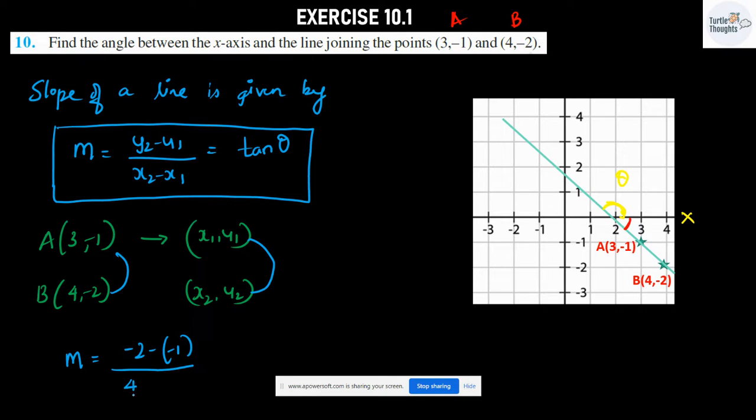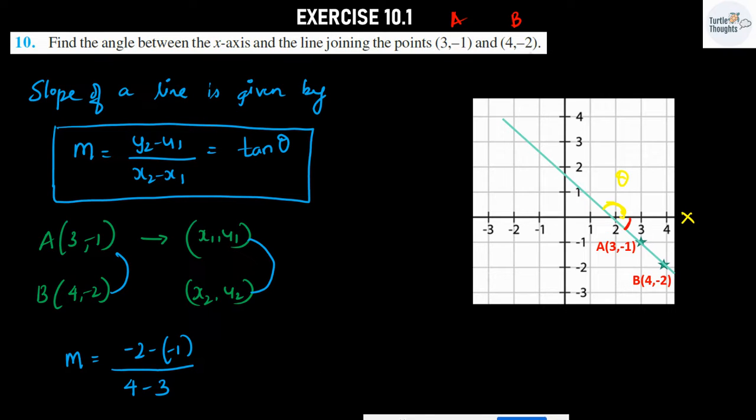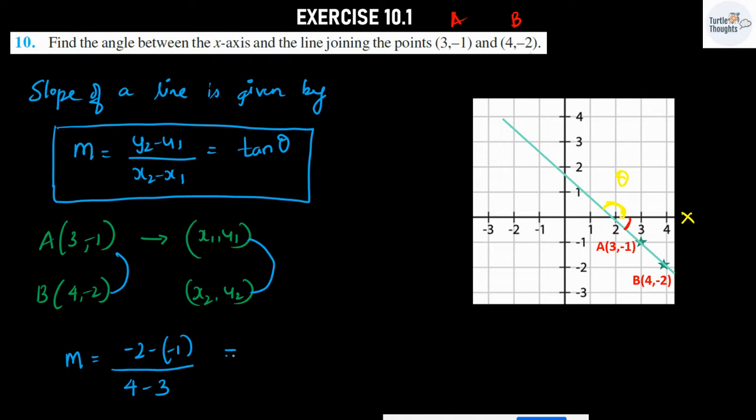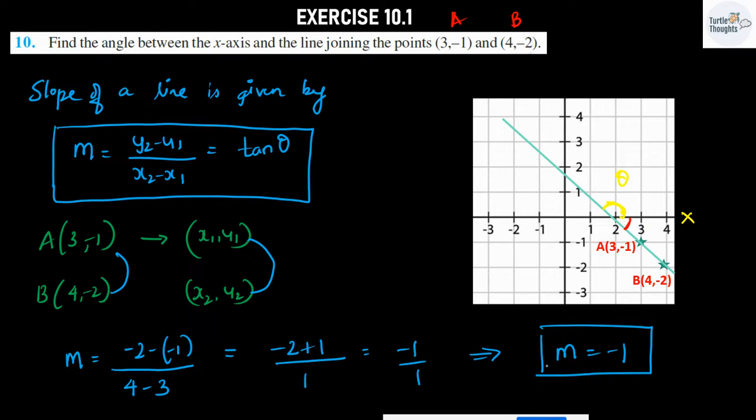So will that be 4 minus 3? Yes. So I will be getting minus 2, minus into minus is plus, plus 1 divided by 4 minus 3, which is 1. So the answer is minus 2 plus 1, it will be minus 1, minus 1 divided by 1. So can I tell that value of m I'm getting as minus 1?